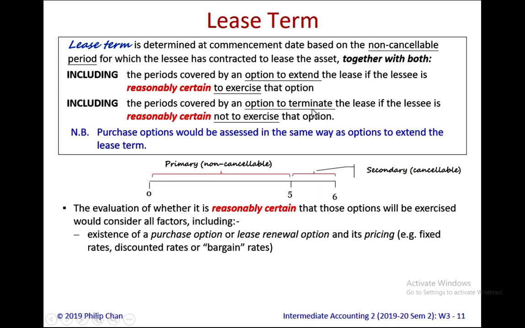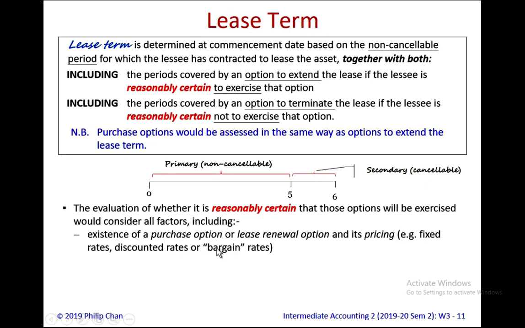Then you may say at the inception day or commencement day that the lessee is likely to lease the asset further for 1 year. So if the secondary period payment is cheap, or another term we use is bargain, then you may assume that the secondary period will be included in the lease term. It will be exercised by the lessee. Same thing happens with the purchase option.